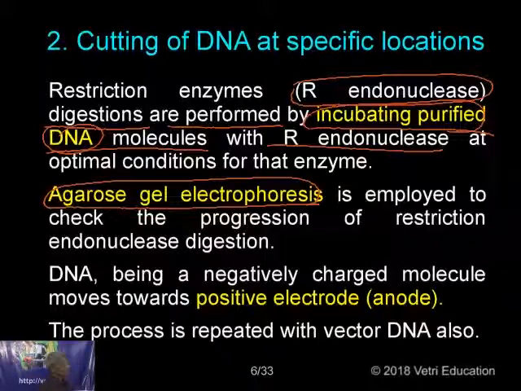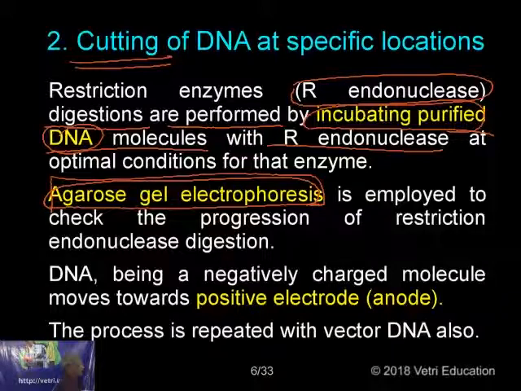This process is repeated with vector DNA also. So that is the cutting, the second step. It is done with the help of endonucleases or exonucleases depending upon the situation, with agarose gel electrophoresis, and when the DNA is moving towards the positive electrode, mostly that part is over.